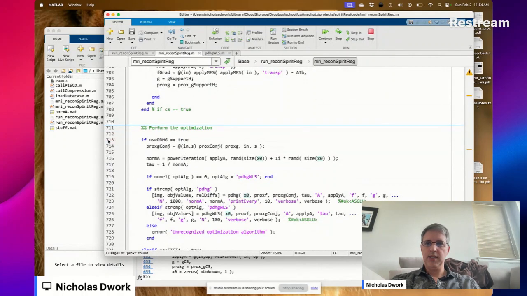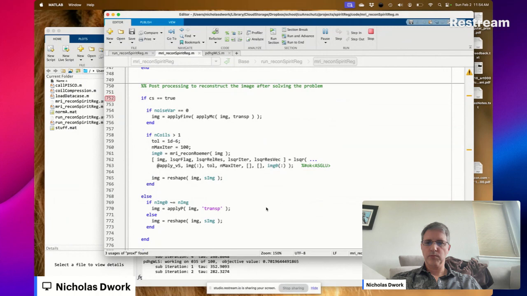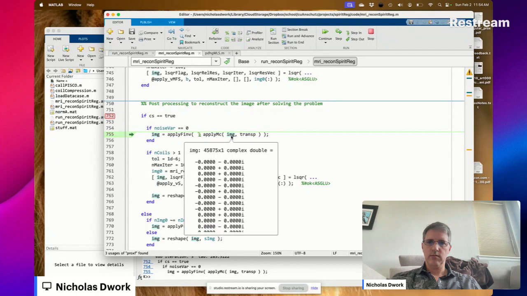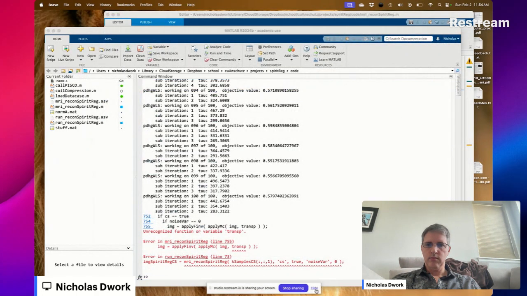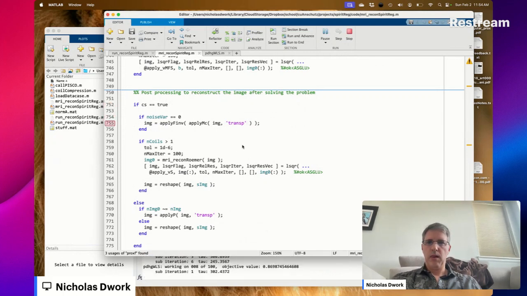Are we finally going to get here? Unrecognized function or variable transp. Oh, and there's no apply F inverse.